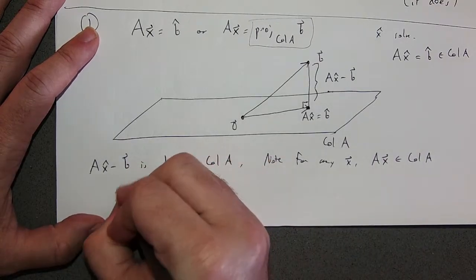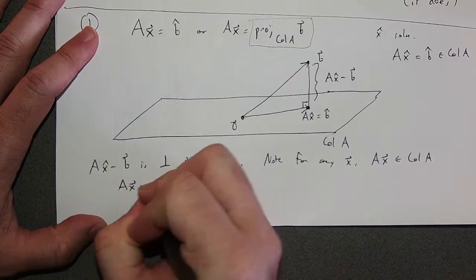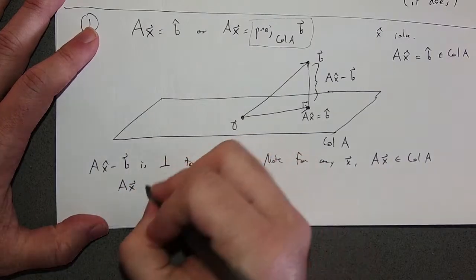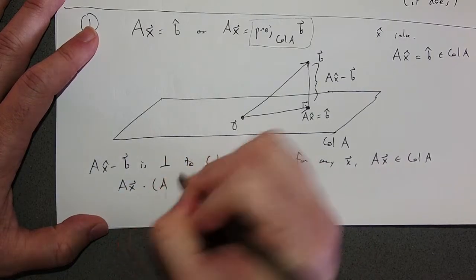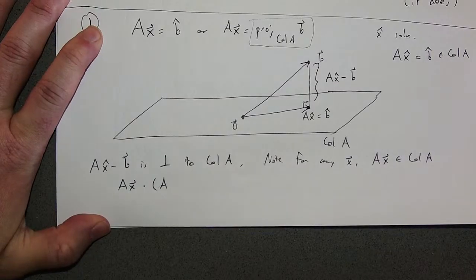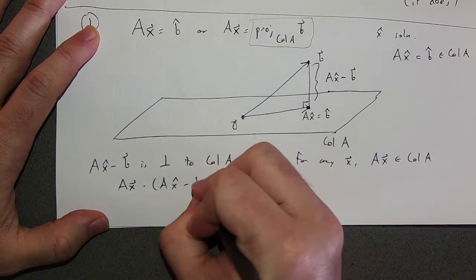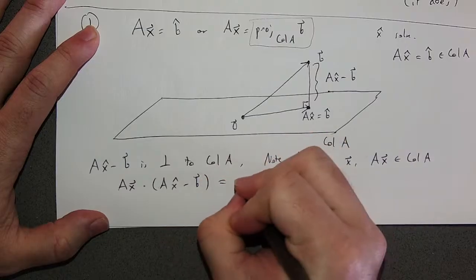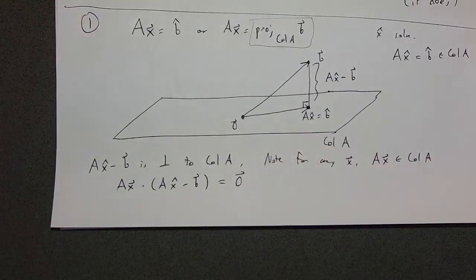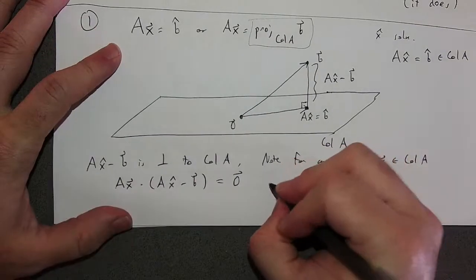So Ax dotted with Ax hat minus b is equal to the 0 vector. And that is true for all x.